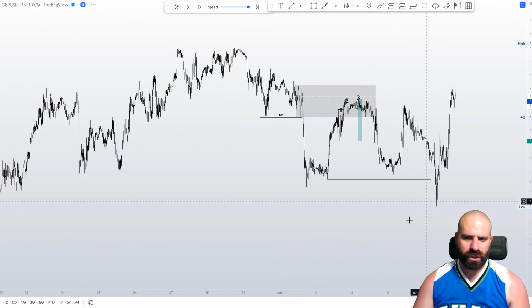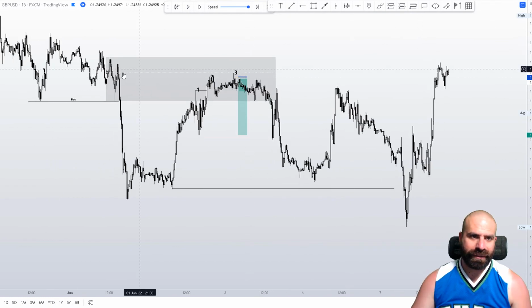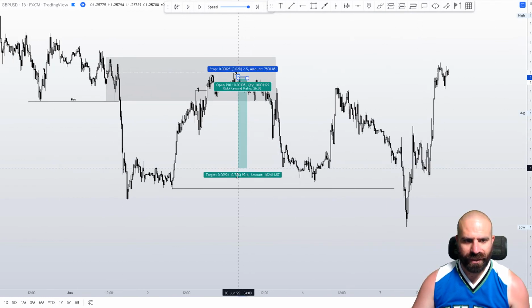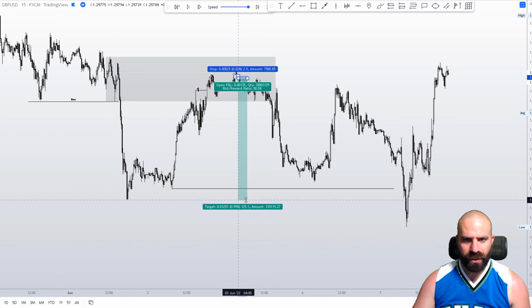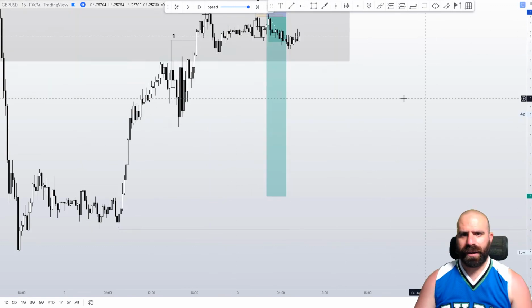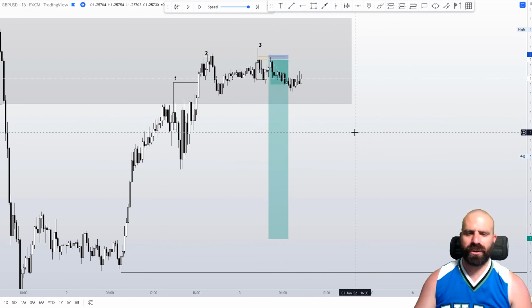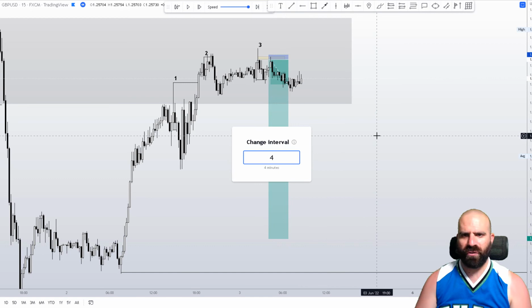And for those people who are entering on a 4-hour order block and then targeting below the area, this is a clear 50 to 1 trade. So you can see that this could have gone until 50 to 1. Realistically, I could get around 15 to 1 or 20 to 1 in this whole movement.